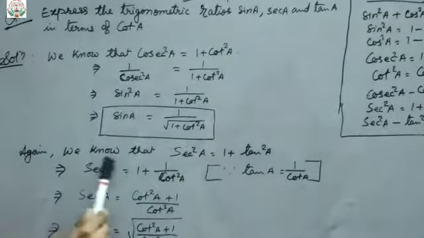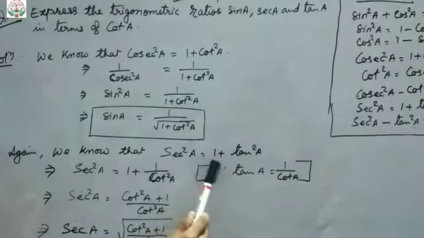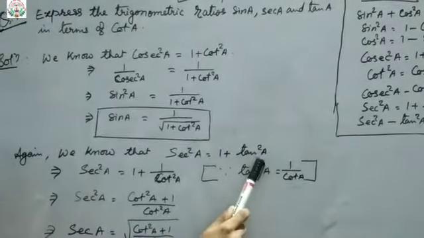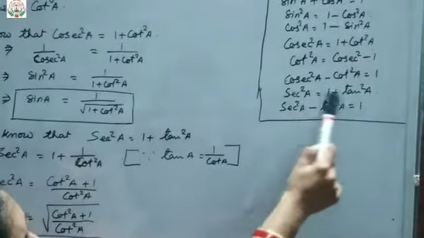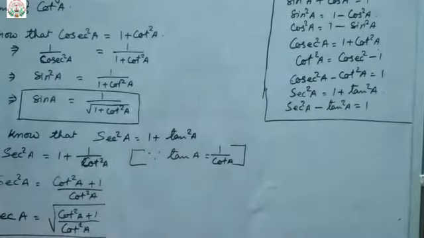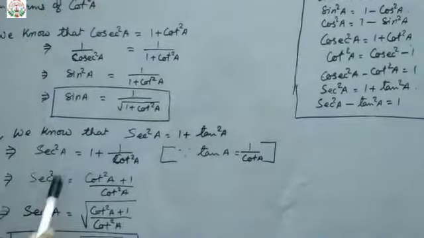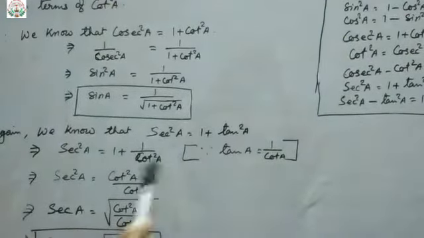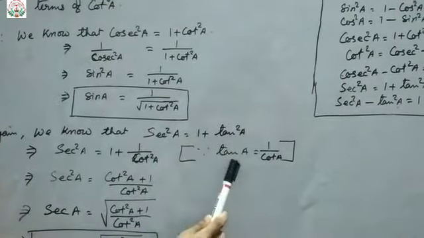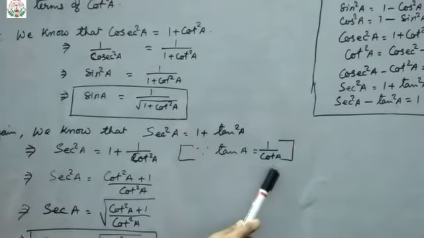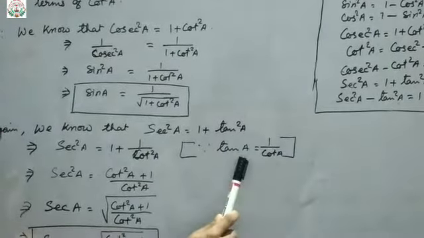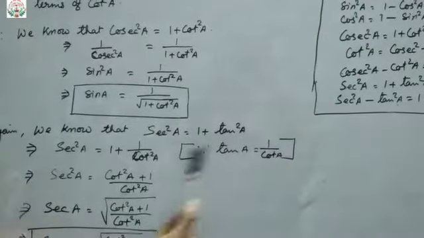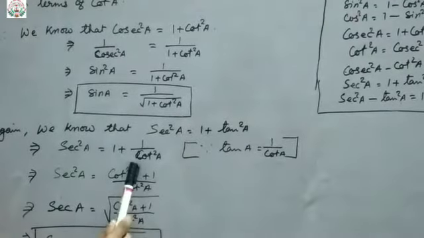Now again we know that sec square A equals to 1 plus tan square A, formula. That we will use here. Now we know that tan A is equals to 1 upon cot A, the reciprocal of cot A. So that value we will put here.